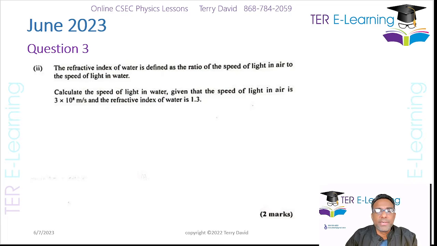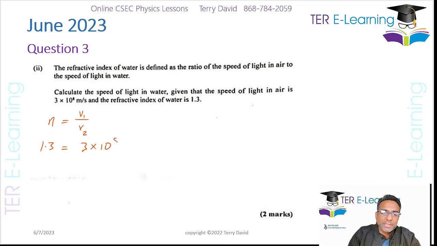Next part here. The refractive index of water is defined as the speed of light in air to the speed of light in water. Calculate the speed of light in water given the speed of light in air. Okay, so refractive index is given by V1 over V2. So 1.3 is equal to V1, which is the speed of light in air, which is 3 by 10 to the 8, over V2, which is the speed in water.